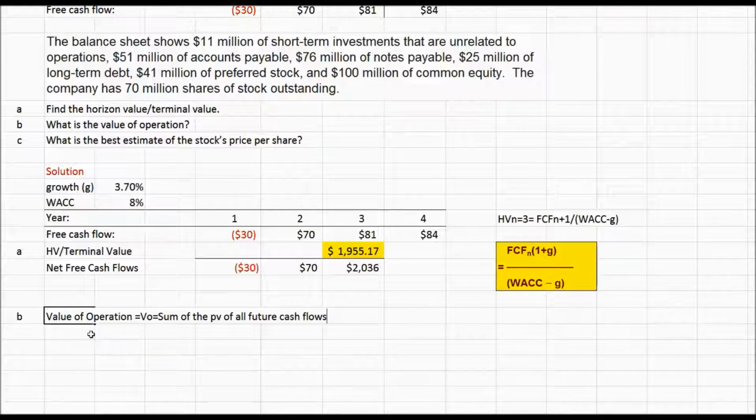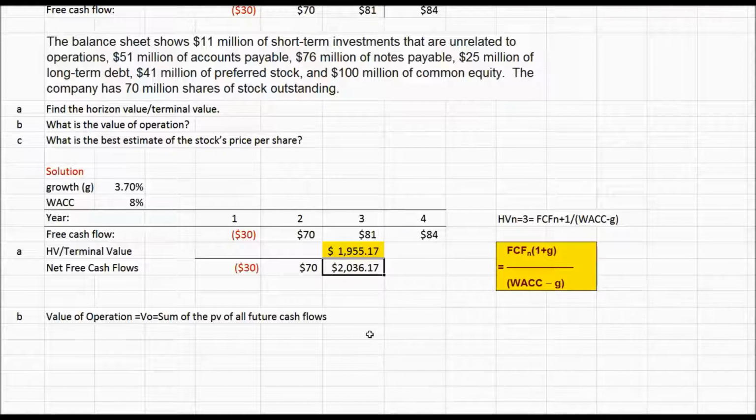Basically, what that means is you need to find the present value of negative $30, positive $70 in year 2, and then $2,036 in year 3.